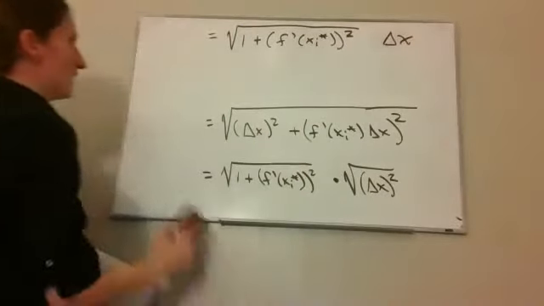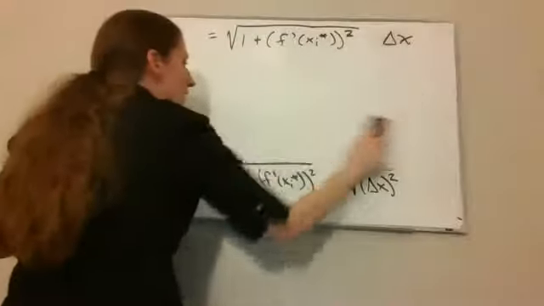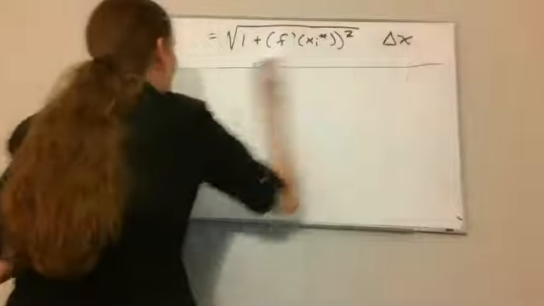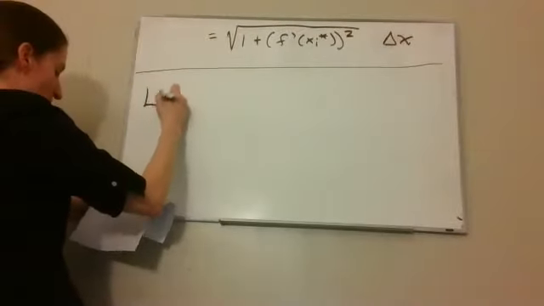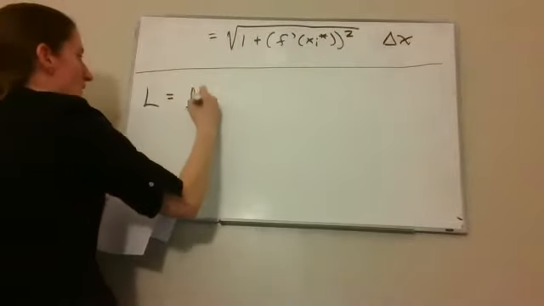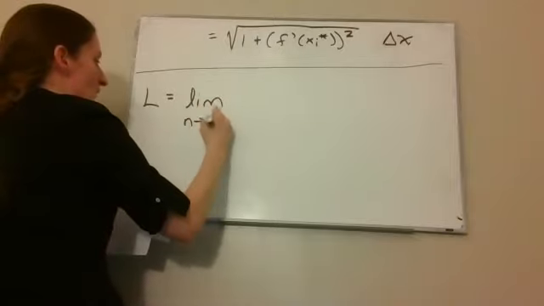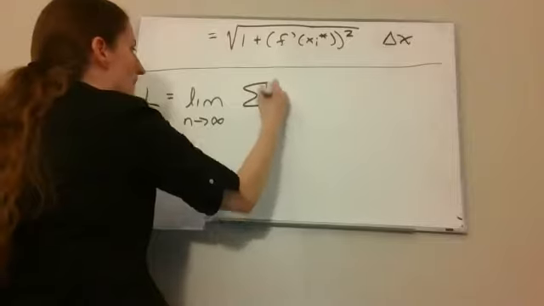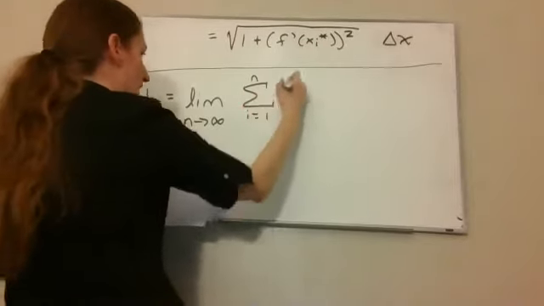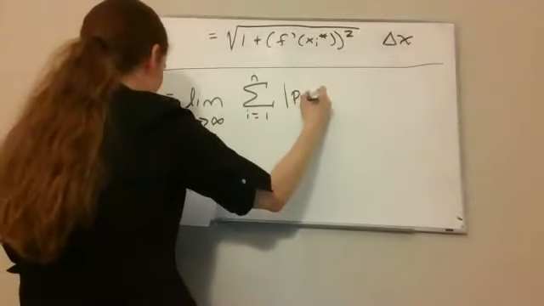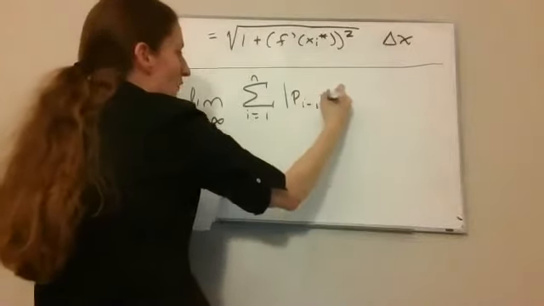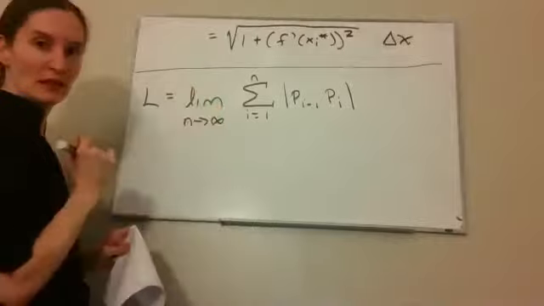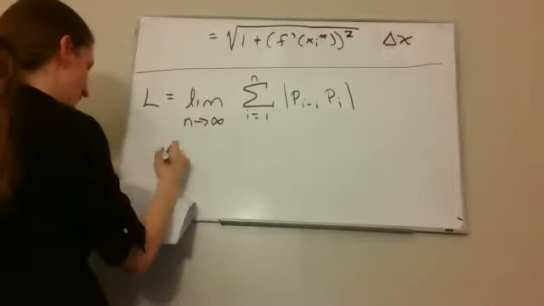So what we have now is that the length of our curve is equal to the limit as n goes to infinity of our sum, i equals 1 to n, of the distance between p i minus 1 and p i. So that's all of the little polygonal distances added up.